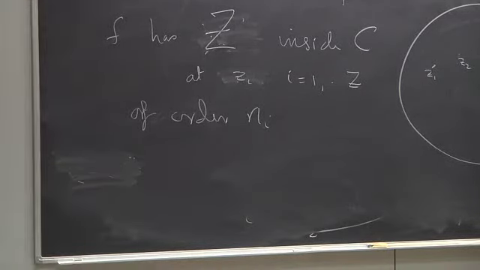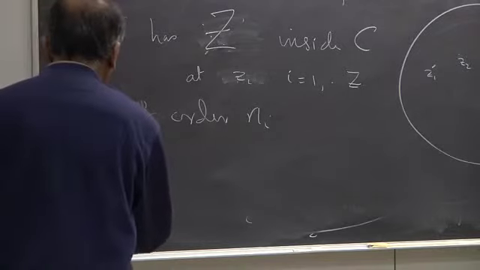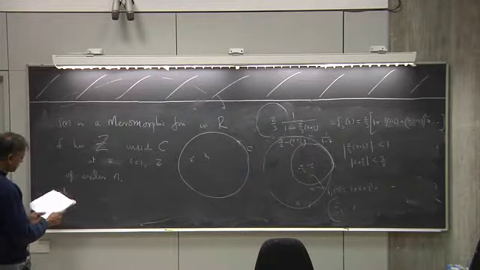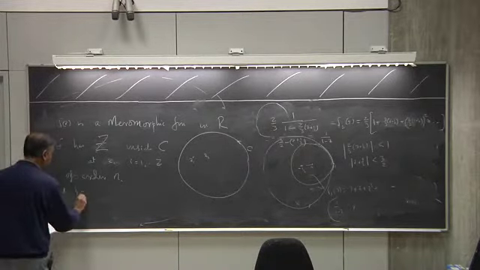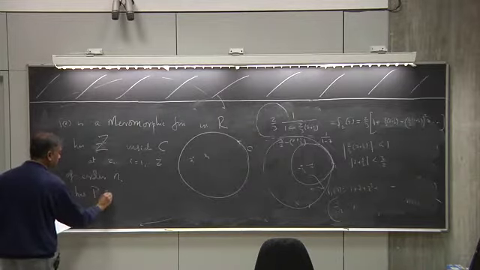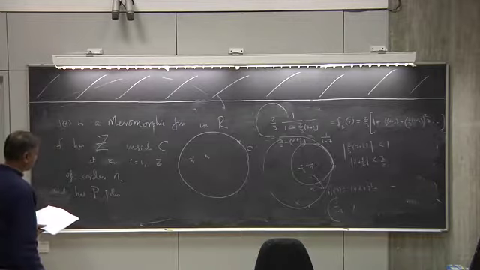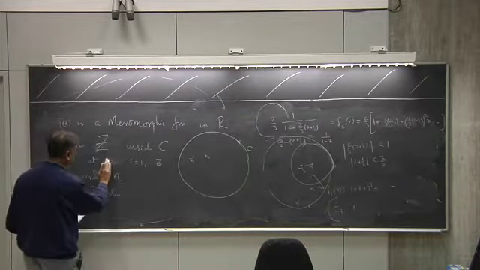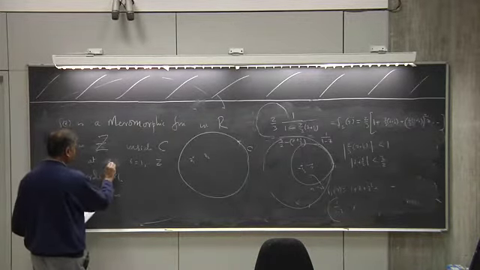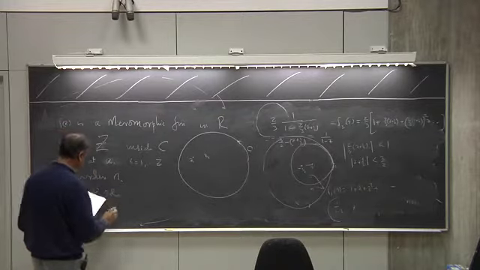And let's see, it has p poles, let's say. At positions ai, I just use the same symbols.